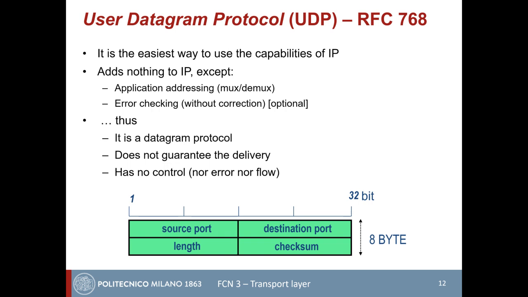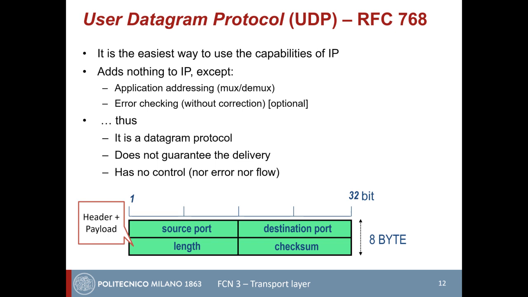In this case, the header contains only 2 rows of 32 bits. The first one is split into two parts: source port and destination port. As we've seen yesterday, the port number is 16 bits long, so you have the space for the source and destination port. In the second row, the first field on the left is the length of the segment, including the header, so this is 8 bytes, plus the payload.